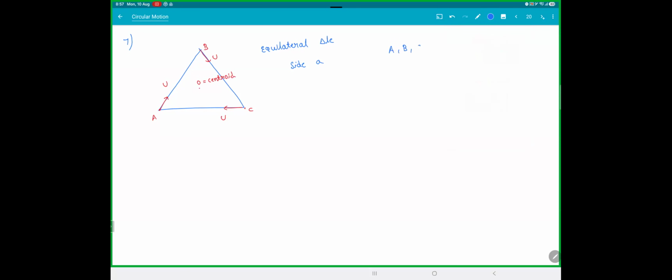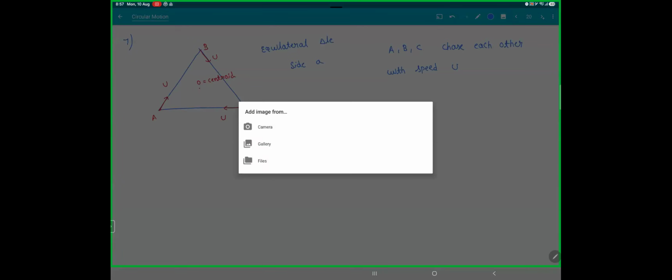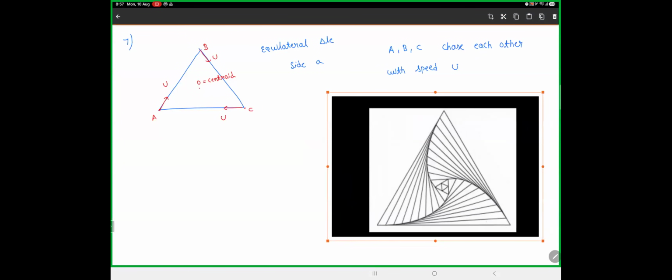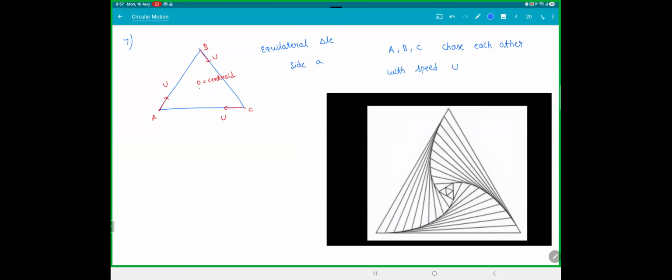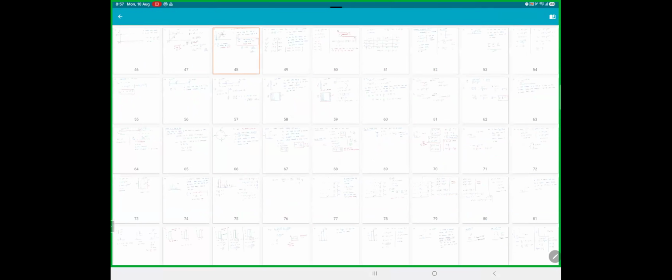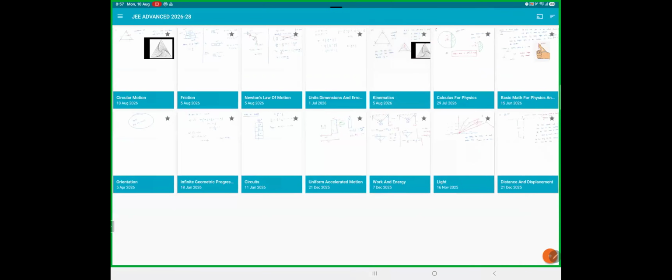So A, B, and C chase each other with speed u. Like this. We have done this in kinematics, atom motion, page 223. You should refer to this in case you forgot.